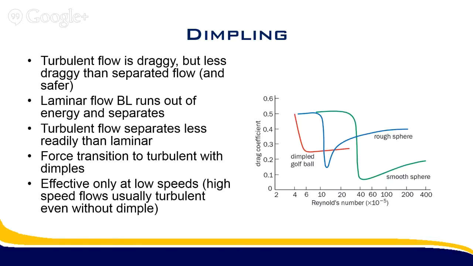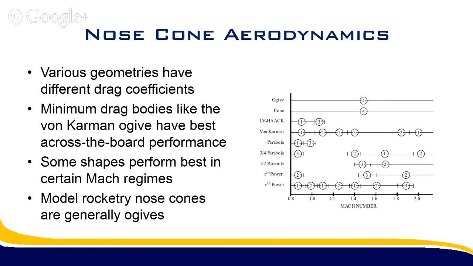So let's talk about the aerodynamics of some commonplace rocket parts. We'll start with the nose cones. Nose cones, it's the first thing the air sees on your rocket, so say make a good impression. But actually, the nose cone has a lot of effect on the drag of the rocket.